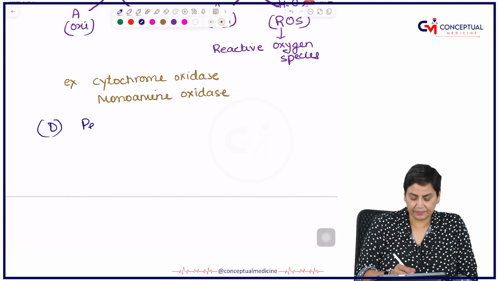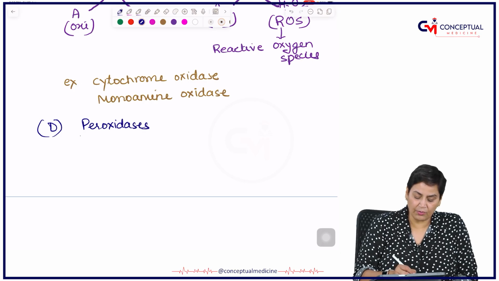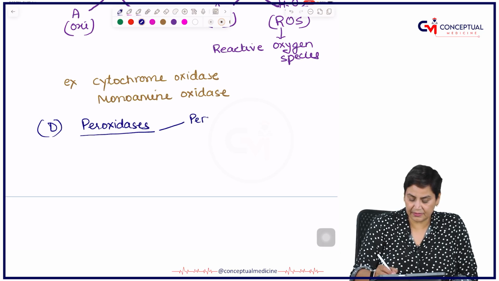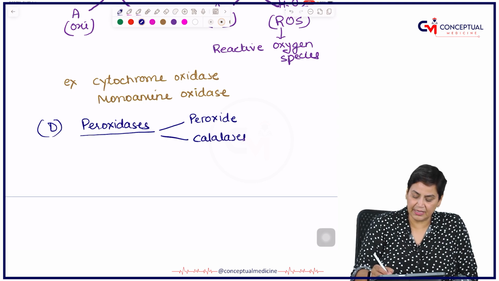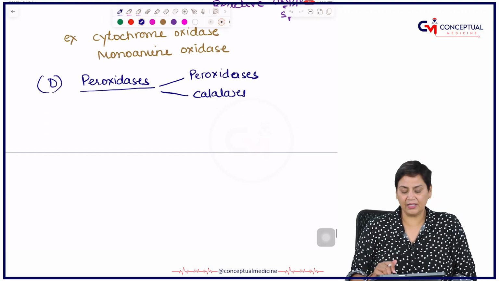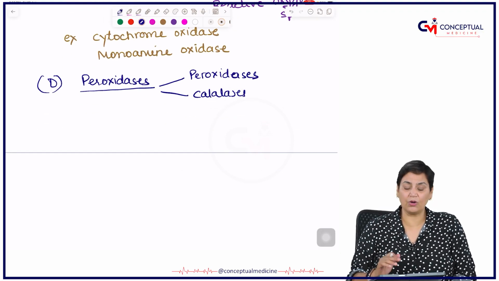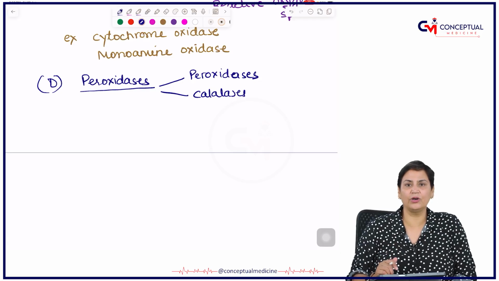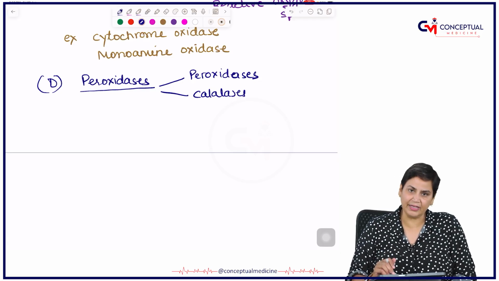So then the last one is peroxidases. Now, if we talk about peroxidases, it consists of peroxidase or catalase, right? And we know that they are present in the peroxisomes, so peroxidases and peroxisomes are all mutually interrelated.